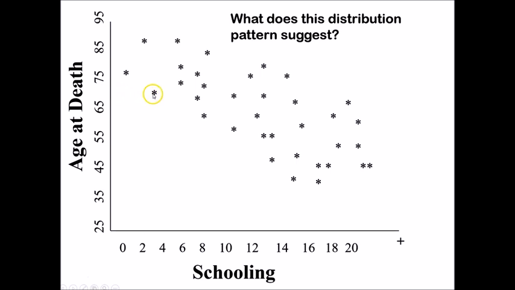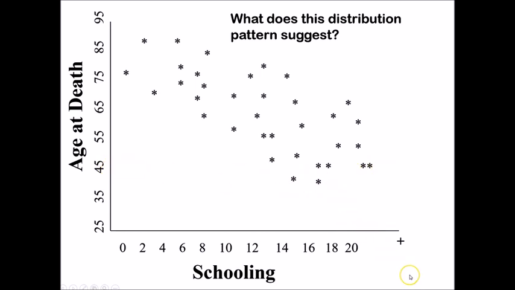And so this person had very minimal education of about 3 grades and died somewhere around 70. This person over here had well over 20 years of education and died somewhere in his late 30s or early 40s.